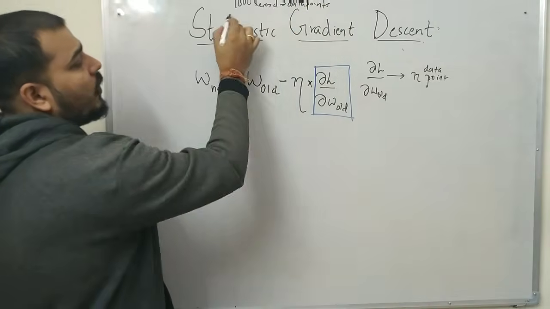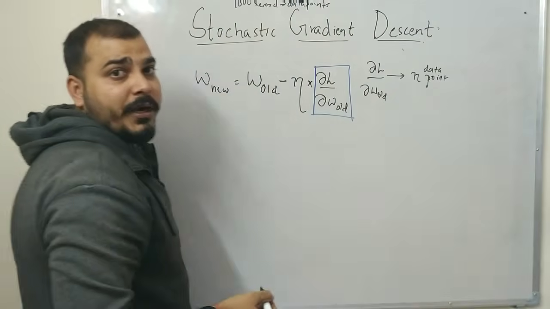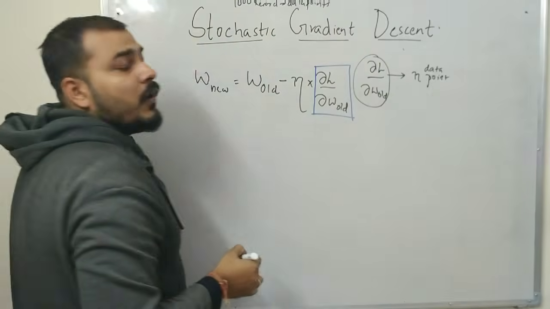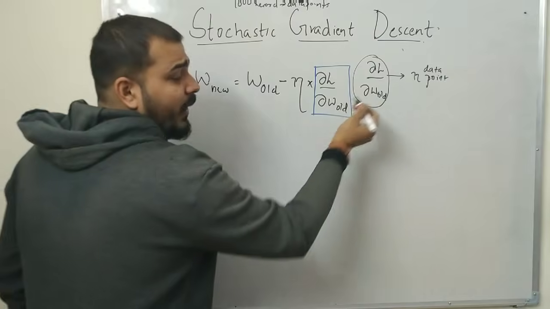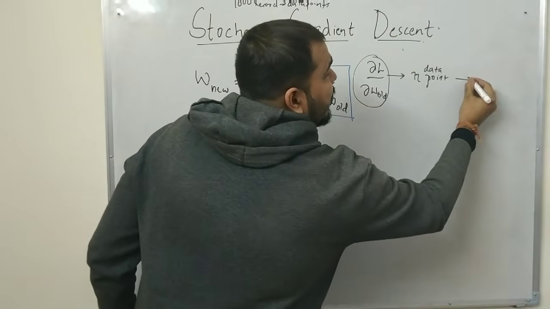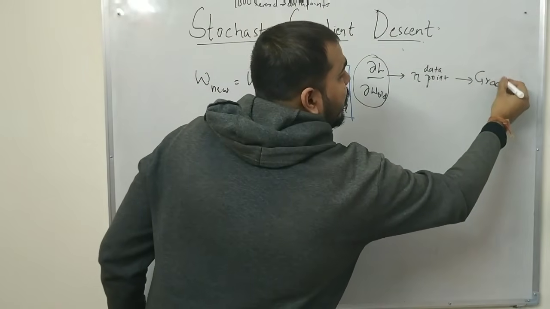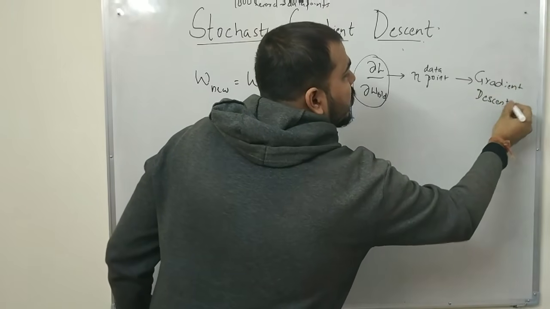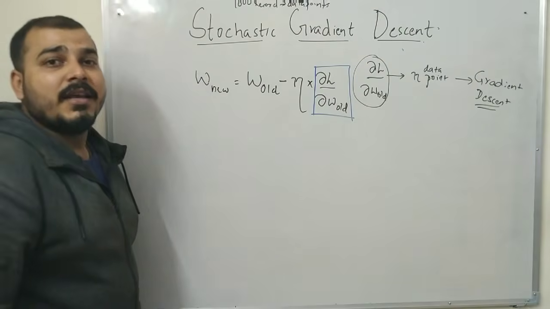So I'm going to consider all the 1000 data points. Whenever I'm considering all of them to solve this derivative of loss with respect to this weight, at that time I will be saying it as gradient descent.